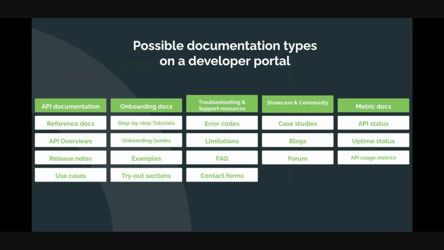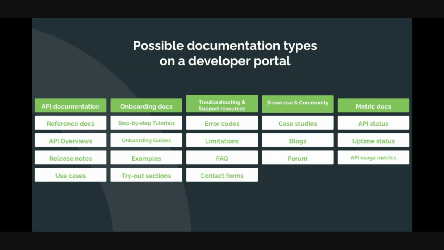API documentation remains critical, including reference docs, release notes, overviews, along with business-level docs to help non-developers grasp your API's value. But onboarding materials such as tutorials, step-by-step guides, examples, tryout sections ensure users can quickly familiarize themselves with your services, your APIs, or other integration types. SDKs also simplify integration.